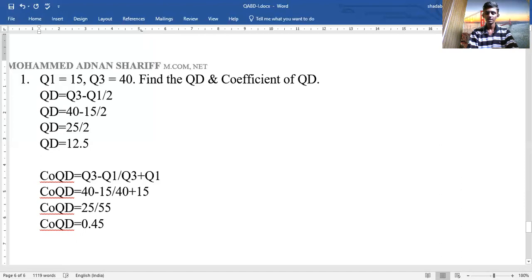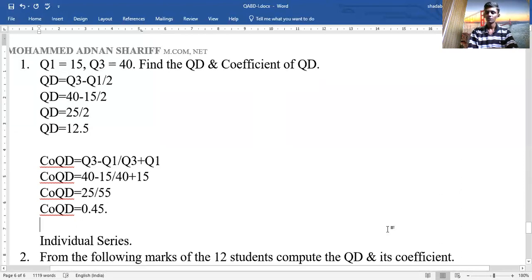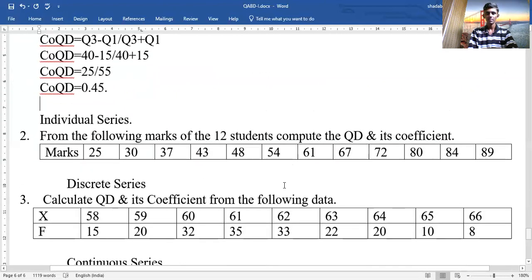Moving forward, we will try to calculate a problem based on an individual series. From the following marks of 12 students, compute quartile deviation and its coefficient. The marks given are 25, 30, 37, 43, 48, 57, 61, 67, 42, 80, 84, 89.